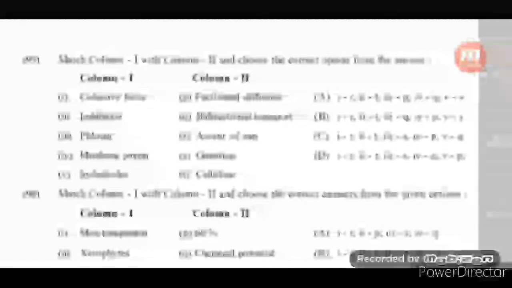Next, third option: cohesive force is ascent of sap, imbibition is again the cellulose, phloem is guttation, membrane protein is facilitated diffusion, hydathodes is bidirectional transport.